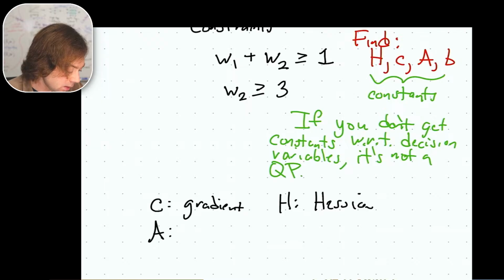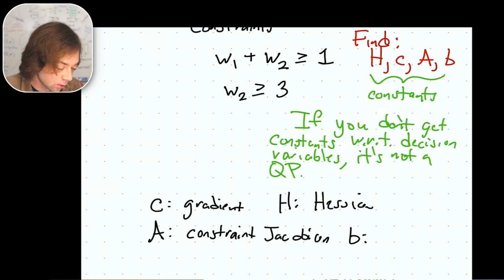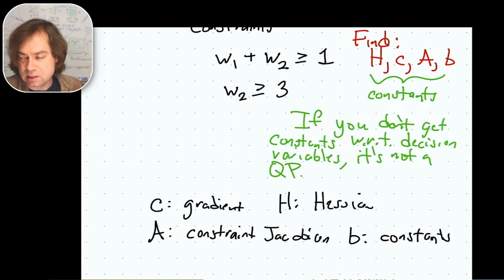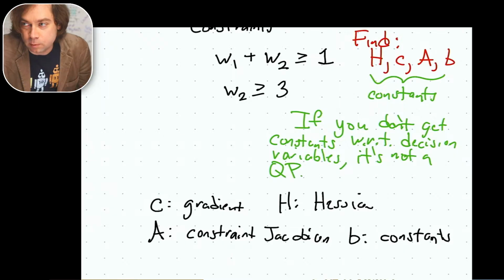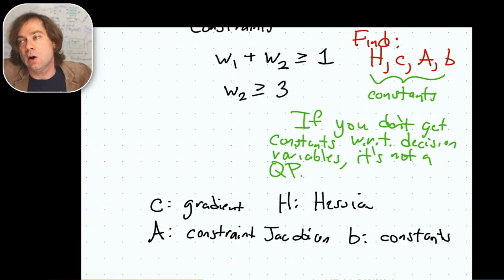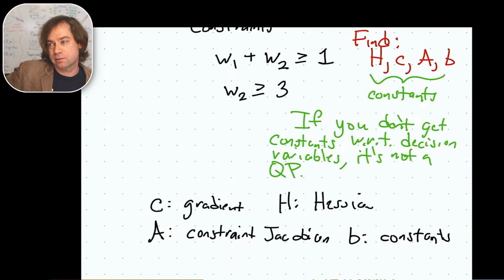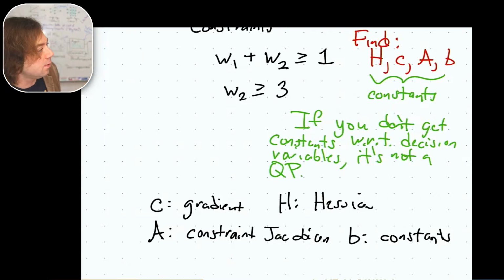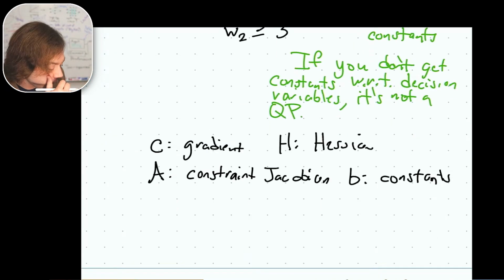Your A is your constraint Jacobian. And B are your constants. And if for whatever reason you're panicking in the back of your mind about these fancy words, Hessian, gradient, Jacobian, they're all just partial derivatives. And we all know that partial derivatives are the easy derivatives. Okay.